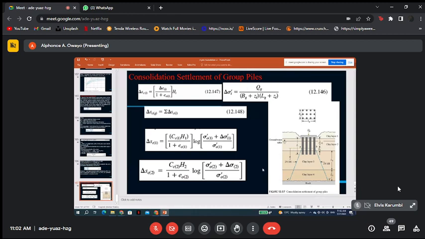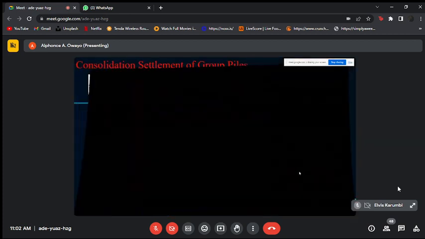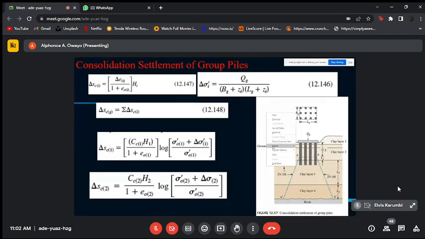And Zi, of course, is the depth upon which you are interested in. So the depth is your area of interest basically.